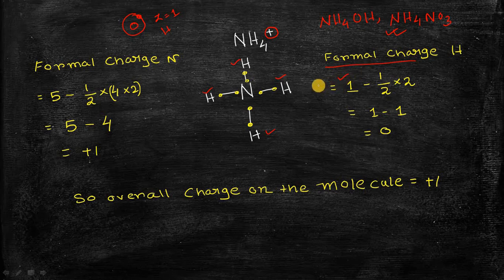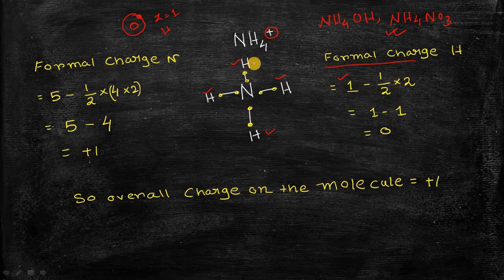Then we have to calculate the number of bonding electrons. In case of hydrogen it forms a covalent bond with the nitrogen, and the number of bonding electrons is 1 plus 1, that is equal to 2. We discussed in the previous slide that we have to assign half of the bonding electrons. As the number of bonding electrons is 2, the share will be half into 2, that is equal to 1.